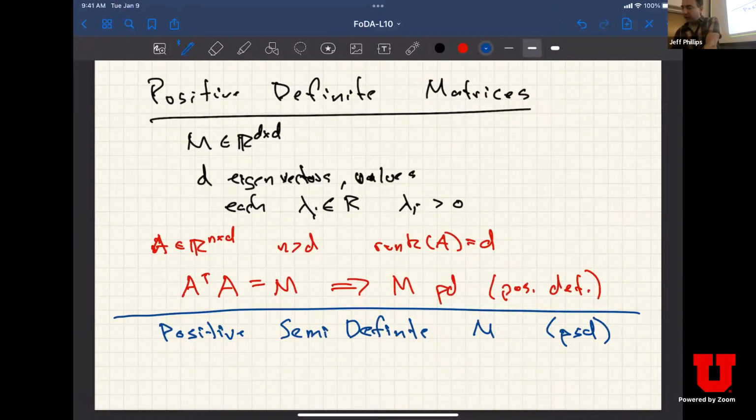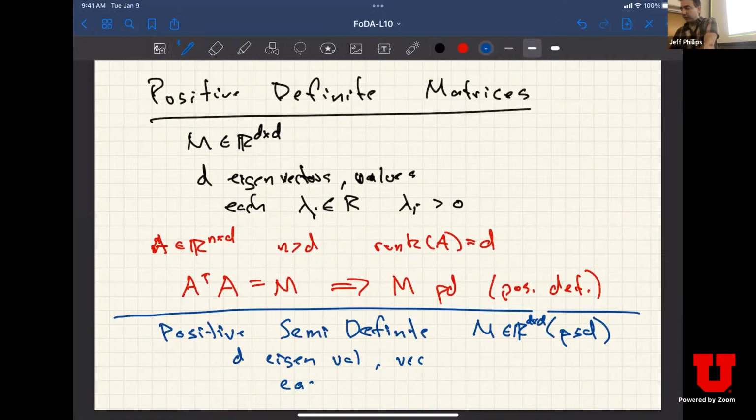So if this is D by D, it's still a square matrix, and it's going to have D eigenvalues and eigenvectors.